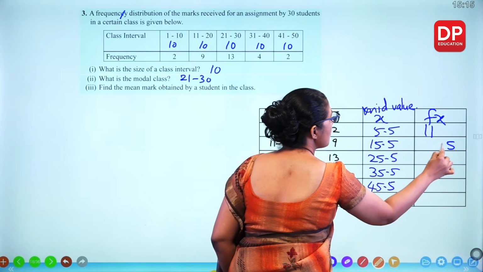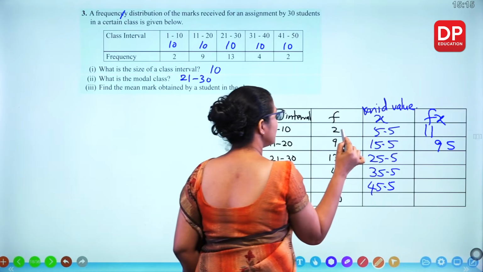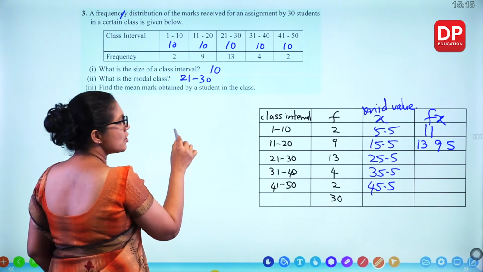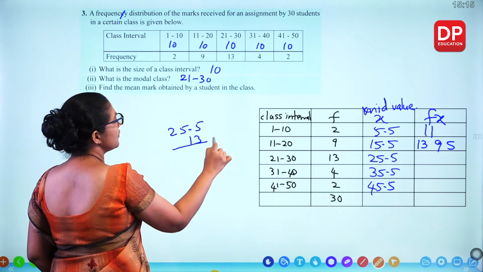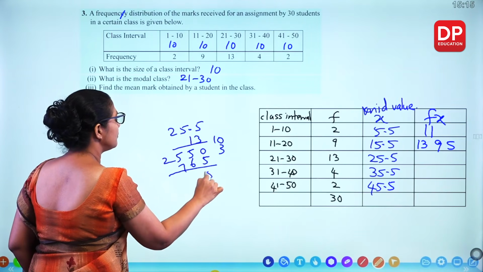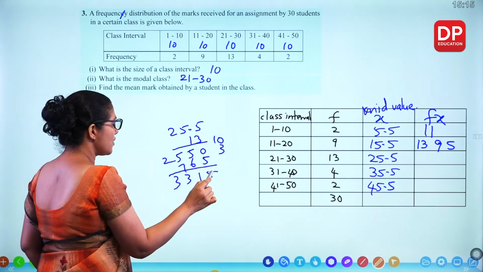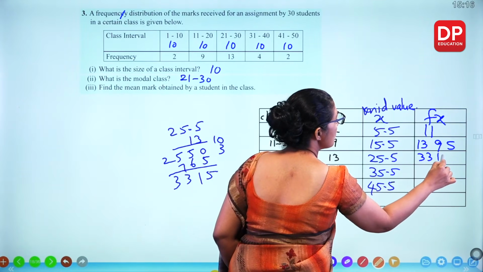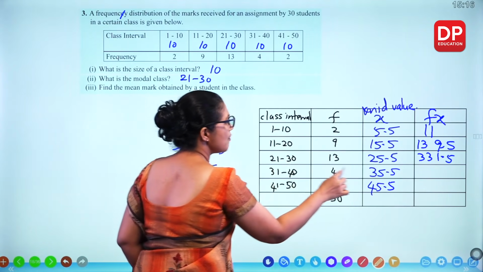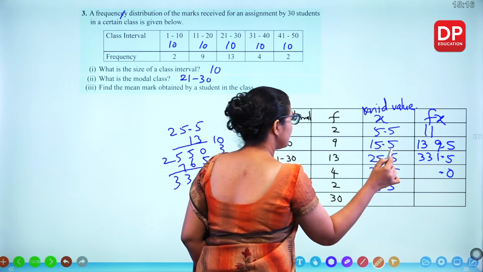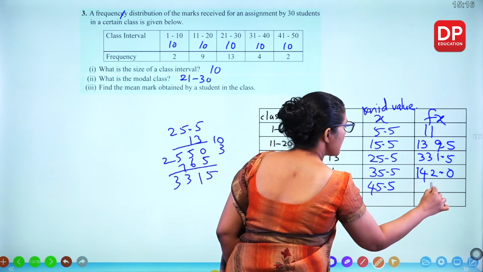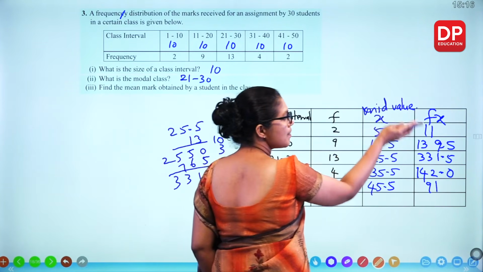This one, so you need to multiply 13 times 25.5, that's 331.5. 4 times 35.5. 2 times this, 91. Now add all together, sigma fx.